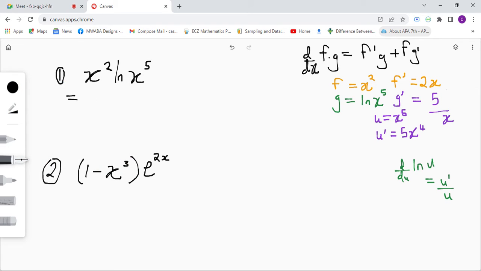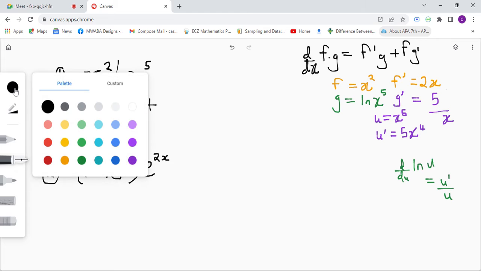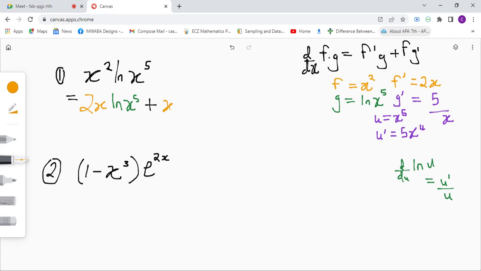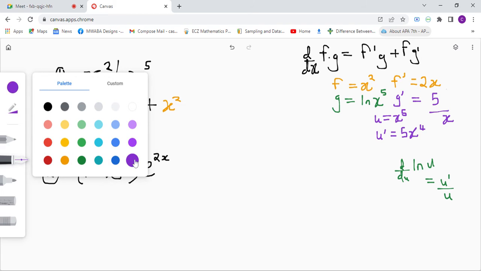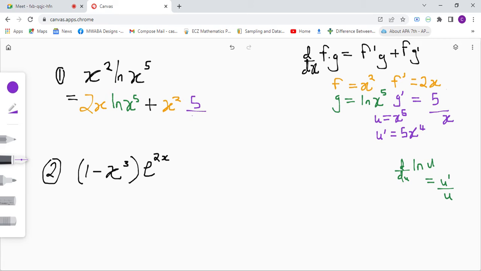It equals f prime, which is 2x, times g, the natural log of x to the power 5, plus f, which is x squared, times g prime. G prime is 5 over x.